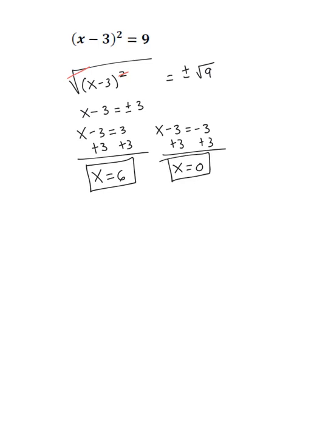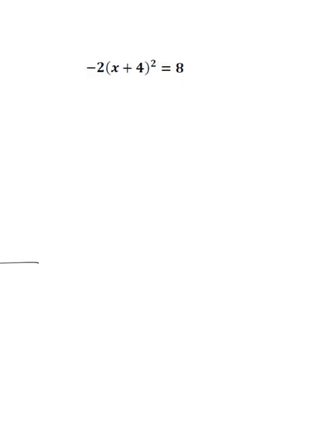On this one over here, I want to get rid of that -2 that's in front of the parentheses first. If you want to think of it kind of like this, ignore the x plus 4 that's in parentheses, the way that we solved this earlier was, sorry, dividing both sides by -2 first.